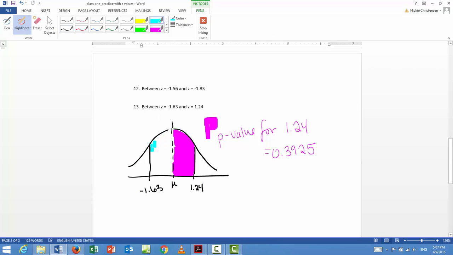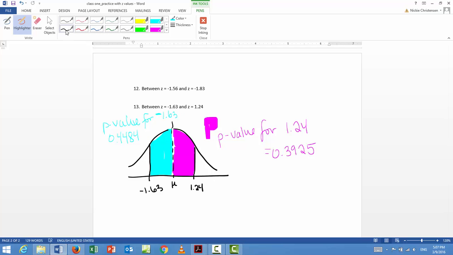So that represents this that I'm shading. 0.4484 is the p-value for negative 1.63.